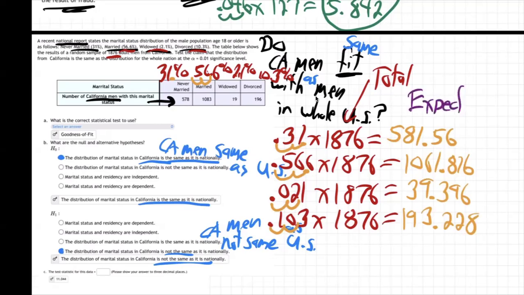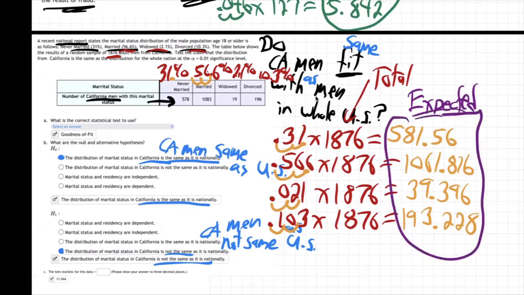This is what we expected. These four numbers are what we expect if California men really do fit with United States men. For the United States, 31% of all men have never been married.